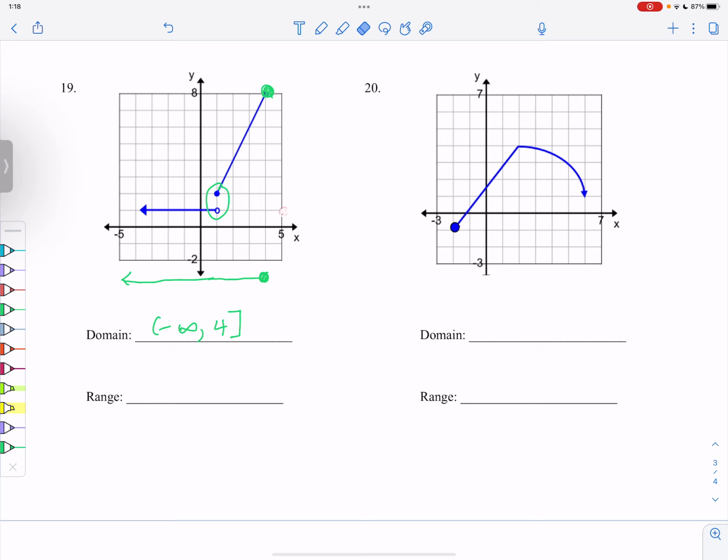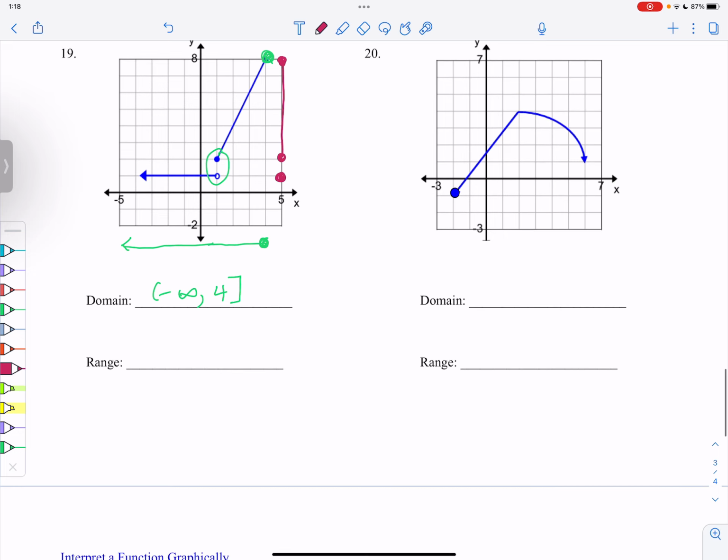So we have this y value, and then we have a y value from here to here. So we actually have y equal to 1, and then we have y equal to 2 all the way to 8. So this is just a single y value there, okay?